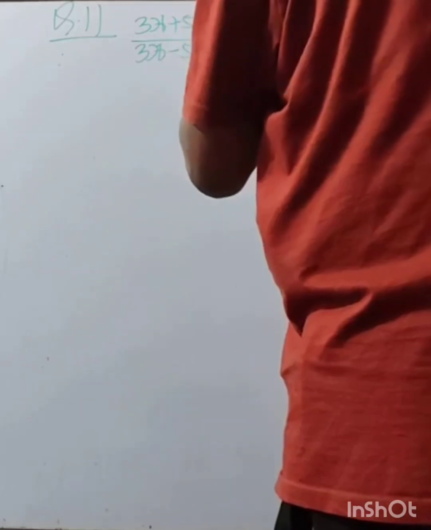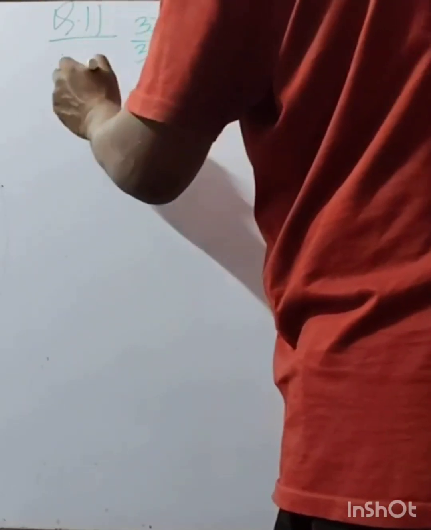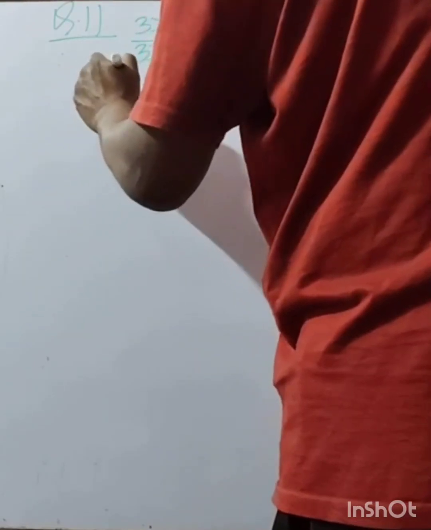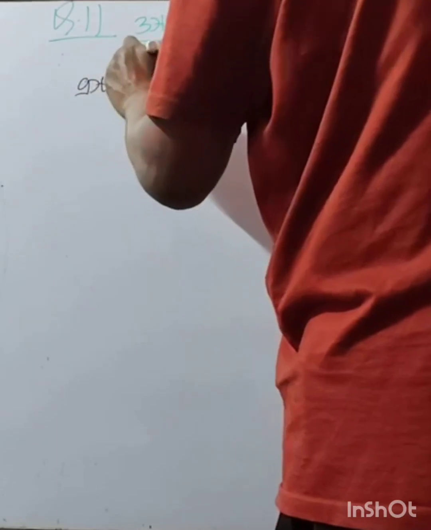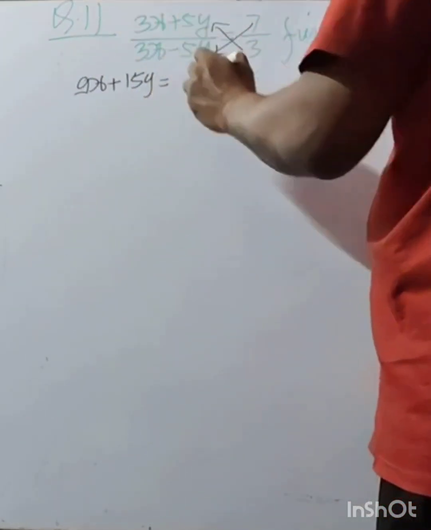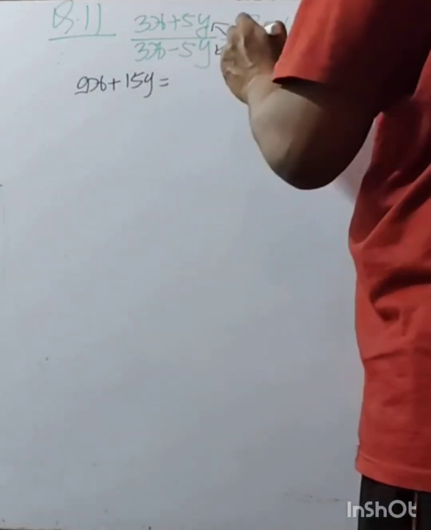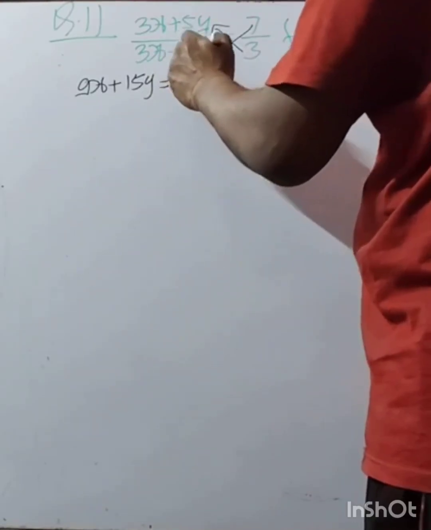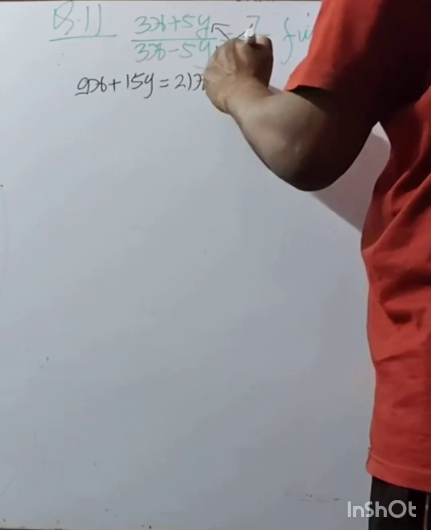So we get, cross multiplying, so it is how much? 9x plus 15y is equal to, 3 times 3 becomes 9 and 5 times 3 becomes 15, 7 times 3 becomes 21x minus 35y.